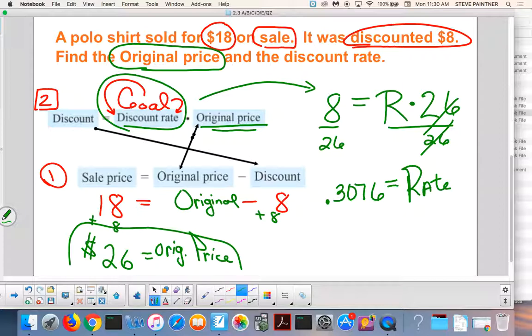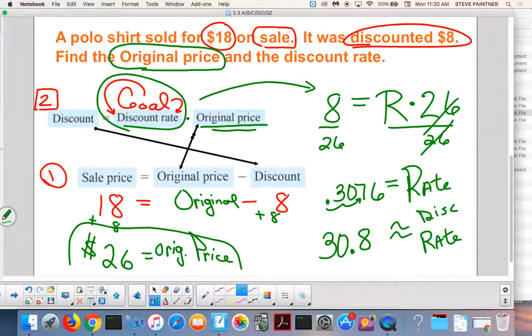Now, this is where people go a little strange on me. They don't know what to do here. Remember, it's just move it over once, twice. So we're gonna round this answer. The discount rate is 30.8. You wanna say 7 or 8? The 6 tells me to round up.